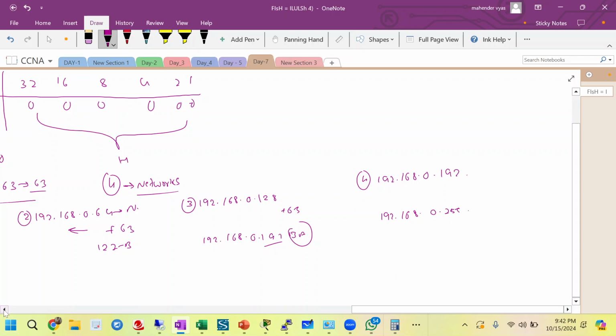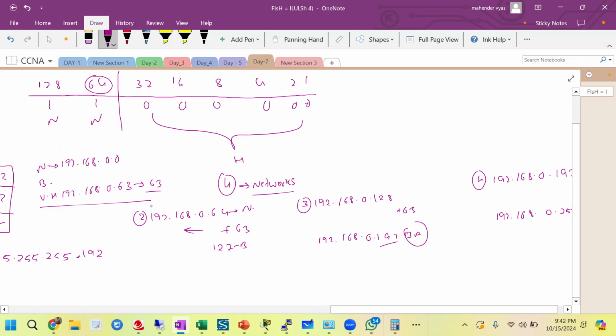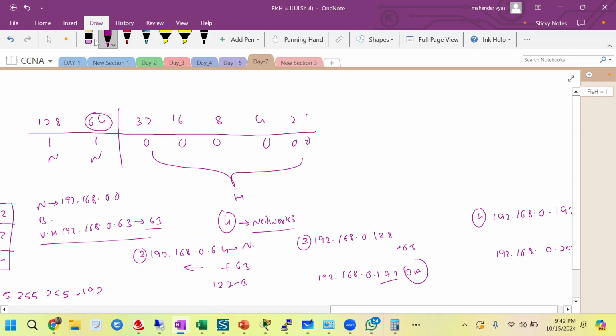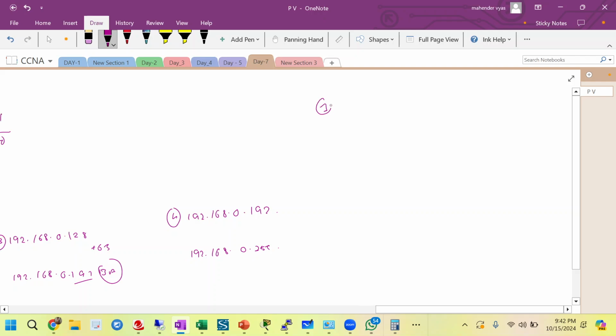Is it clear? Either you can do it in this way or there is another method, if you don't want to get confused. This is your block size value, right? Whenever you have the block size, you first write the first network address, 192.168.0.0. We are hiding the .0.0 because there is no number lesser than 0. This is your first network address. 0 plus 64 gives your second network address, plus 64 gives 128, the third network address, then plus 64 gives 192, the fourth network address.